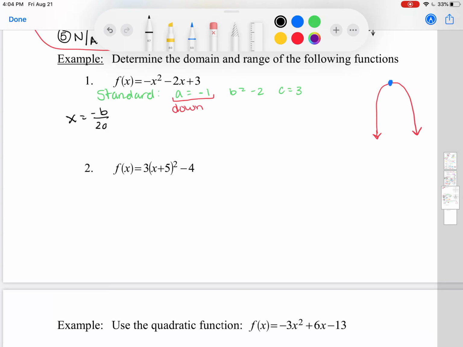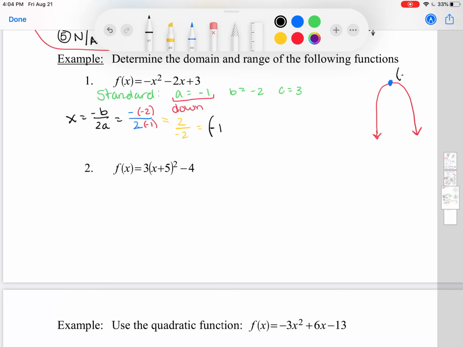We're going to use the formula -b over 2a. Again, labeling my negative, my division sign, and my 2. Plug in your values and simplify. I'm going to work downwards here at an angle, and that's going to give me a -1.